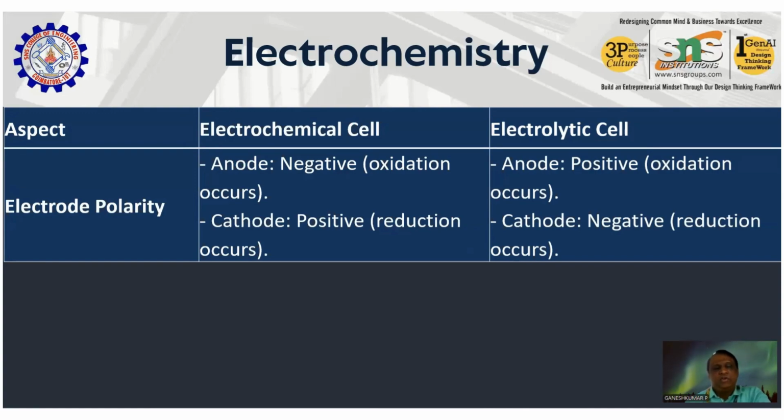That means in electrochemical cell, where it produces electrical current, the anode is the place where oxidation takes place, and the cathode is the place where reduction occurs. In electrolytic cell, where the external energy is supplied, the anode is connected to the positive, where oxidation occurs, and the cathode is connected to negative, where reduction occurs.